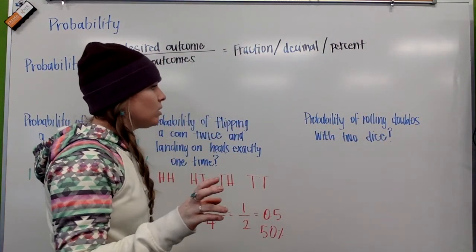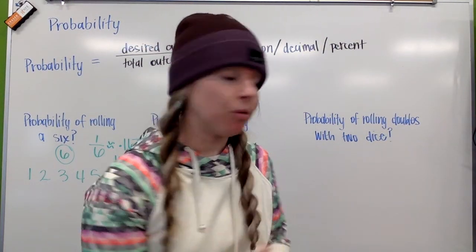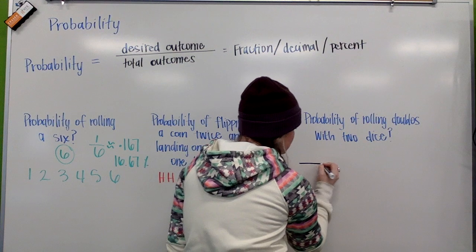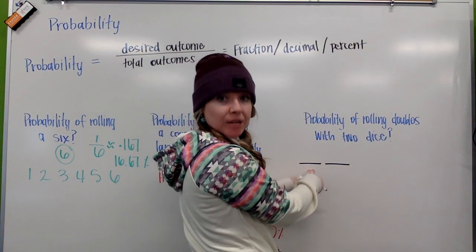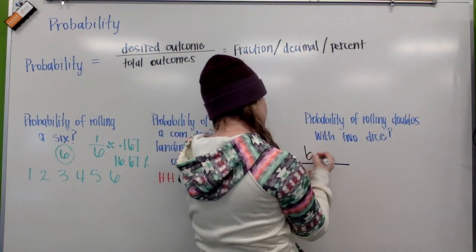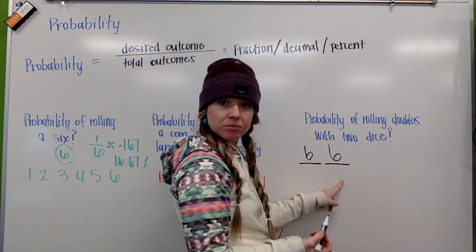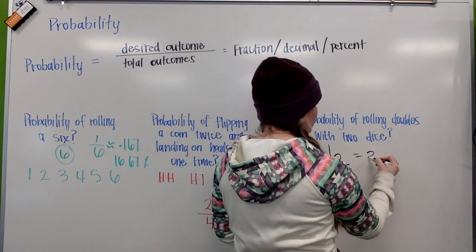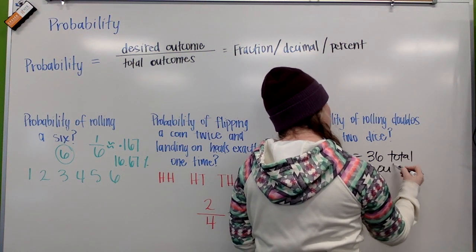If we're going to roll a die twice, if you remember the fundamental counting principle, we're going to have 2 events. The first event, I roll the die. How many outcomes do we have? Well, we saw in number 1, we're going to have 6 outcomes. Same die, 6 outcomes. So if we multiply that, we're going to have 36 total outcomes.